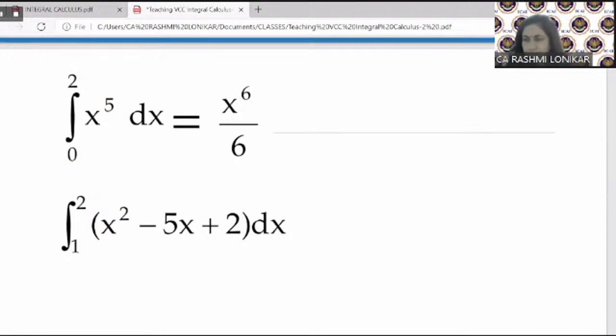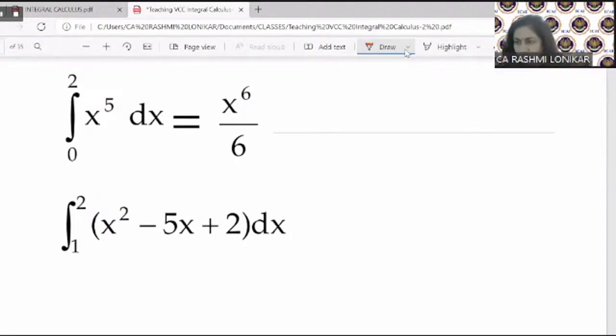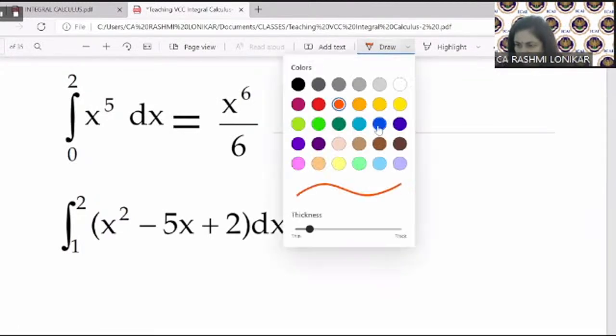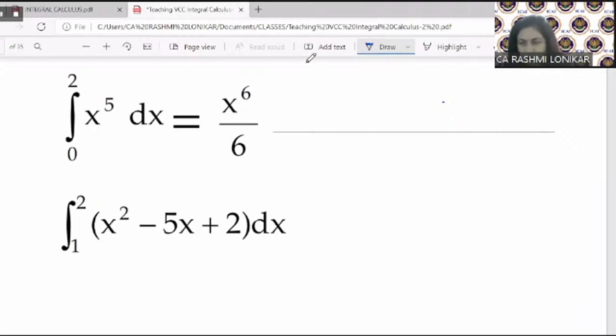Now what happens here is, suppose I have this question that is saying integration of 0 to 2 x raised to 5 dx. Okay. Now don't worry about the definite integral. Don't worry about 0 and 2 right now.